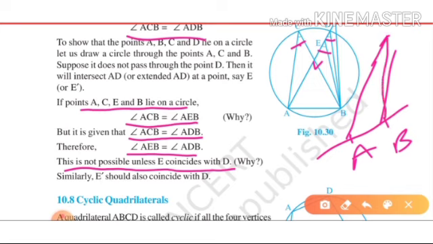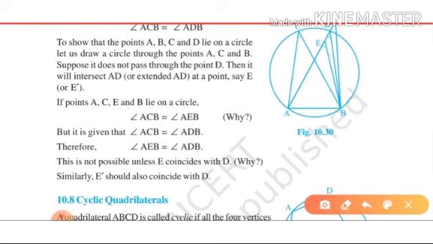So if you draw from there, you look at here, this E and B are connected. This AEB and this ADB, E and D are on the same straight line, and they are connected to this A and B. So obviously we cannot have this AEB equal to ADB.